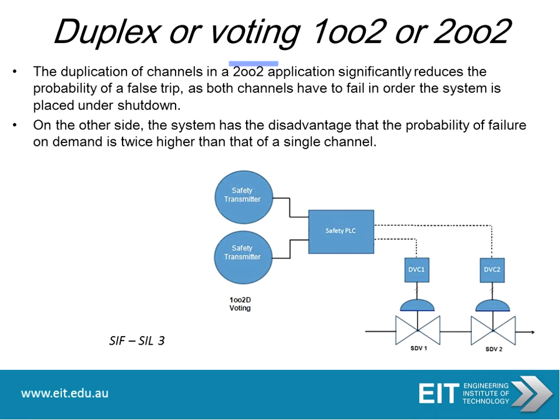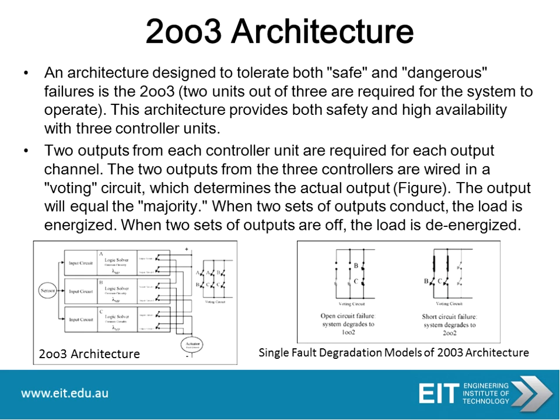The duplication of the channels significantly reduces the probability of a false trip in the 2oo2 case, because both channels have to fail in order for the system to be shut down. On the other side, the system has the disadvantage that your probability of failure on demand is twice as high as with a single channel.